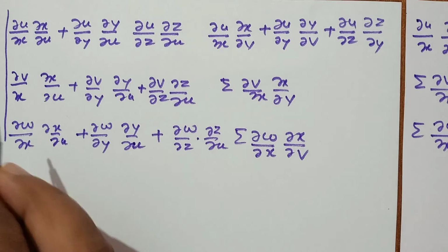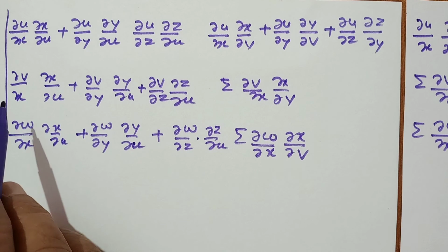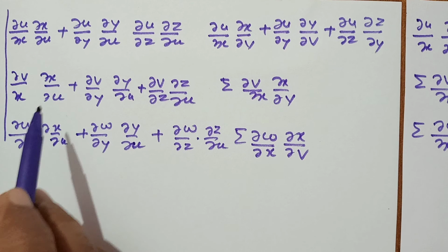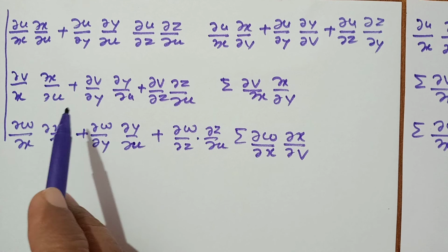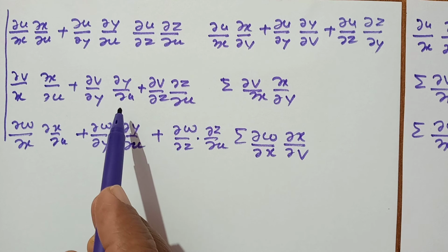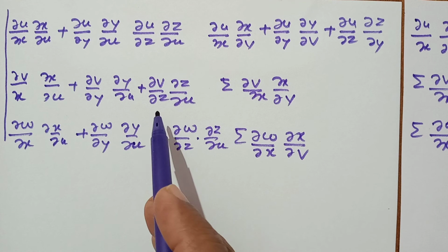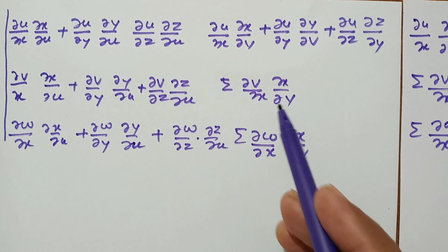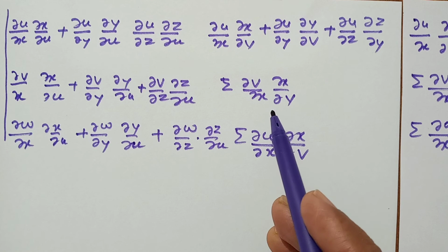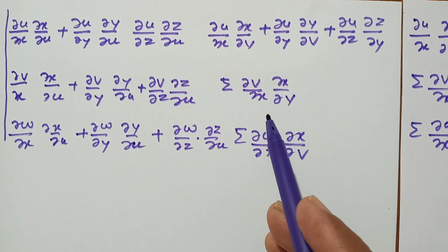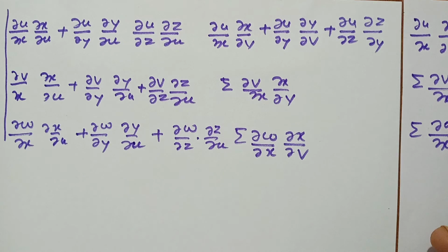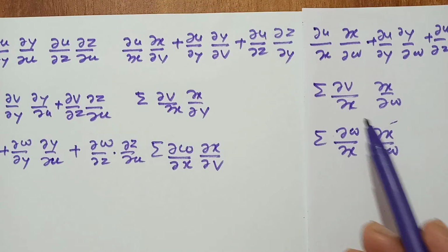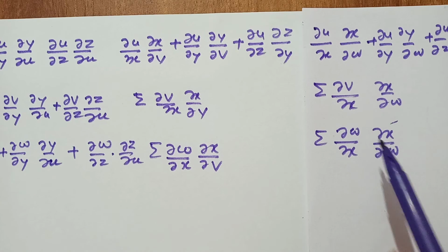So second row first column: ∂v/∂x · ∂x/∂u + ∂v/∂y · ∂y/∂u + ∂v/∂z · ∂z/∂u. In the second step, here second row second column, and here second row third column. This is second row third column.